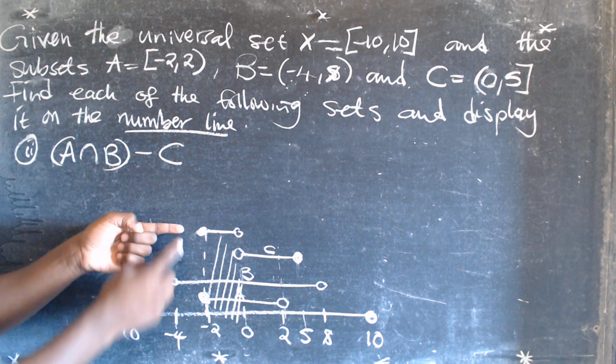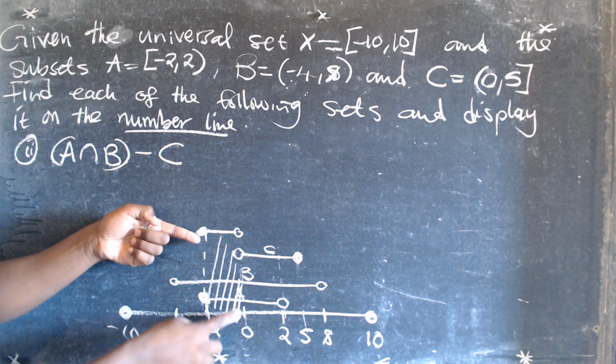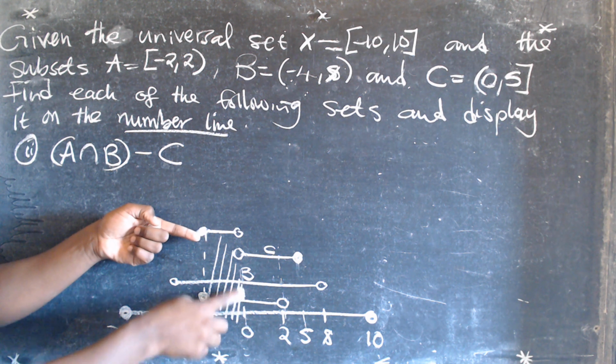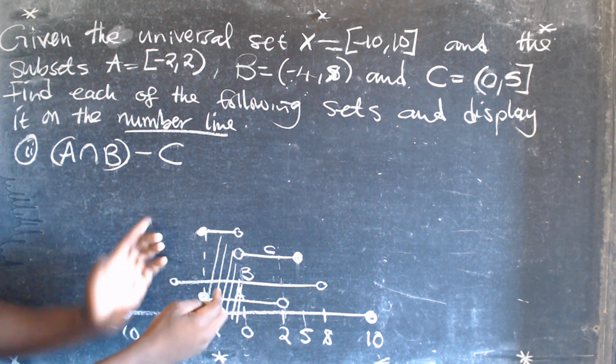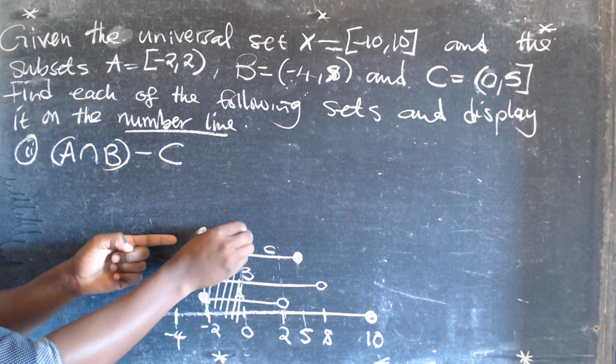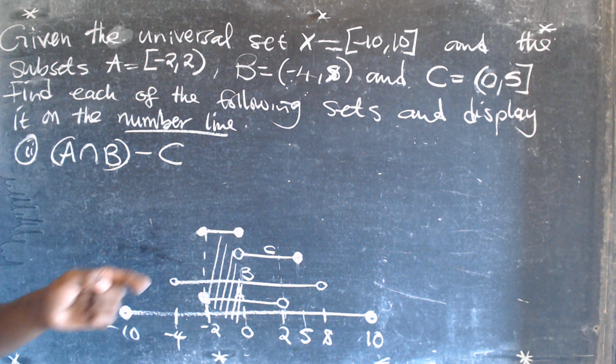This negative 2 remained. But when you look at 0, 0 is in the intersection, but it is not in C. So which means that it wasn't removed. 0 remained there, so 0 is part of the set.